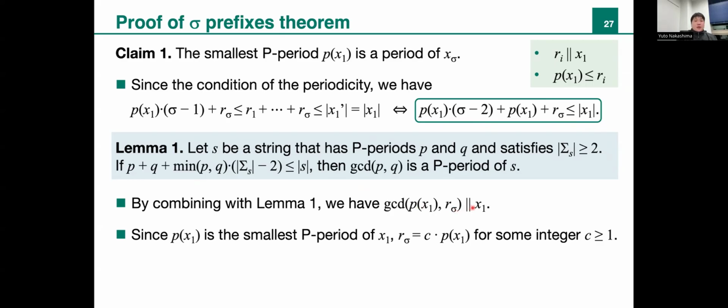Since this P is the smallest parameterized period of x1, P is less than or equal to R sigma, so R sigma can be represented as a multiple of P for some integer c, like this.